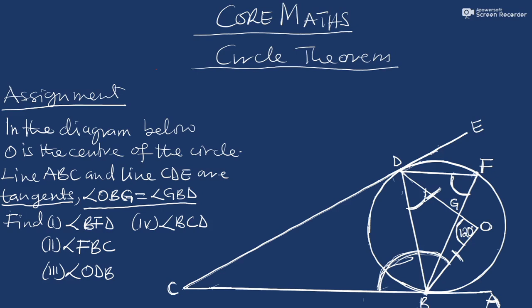When we subtract 120 from 180, we'll get 60 degrees. Then, since this and this are the same, we are going to get twice of any of them. So when we divide the 60 by 2, we'll get 30 degrees. So angle ODB is 30 degrees and angle OBD is also 30 degrees. Because 30 plus 30 is 60, and then 60 plus 120 will give us 180. Okay, so let's present our solution.